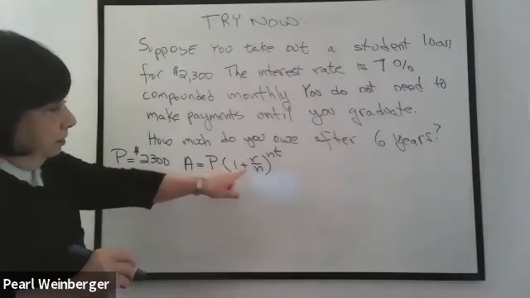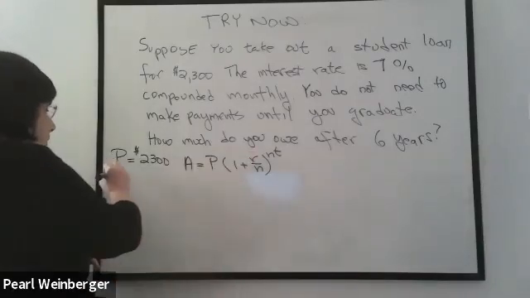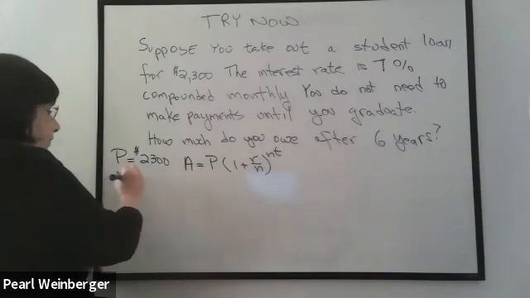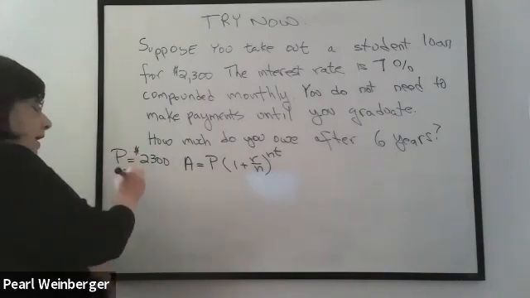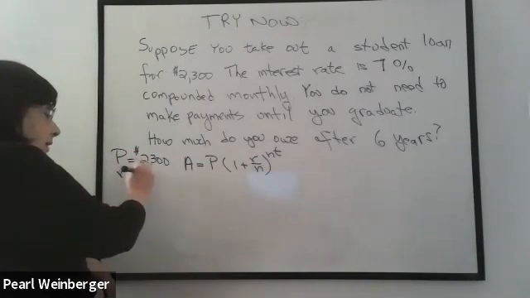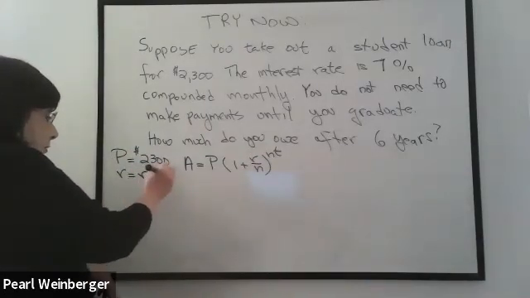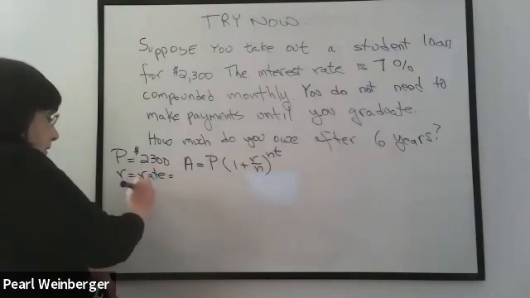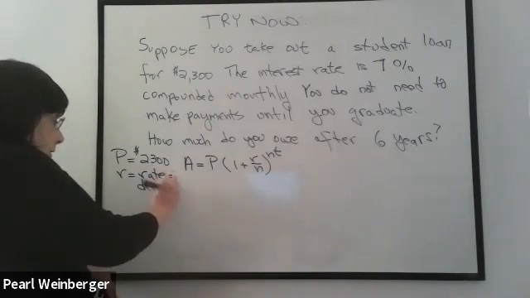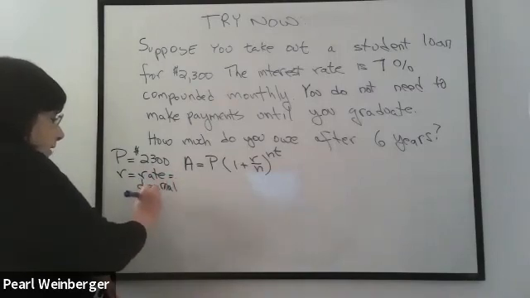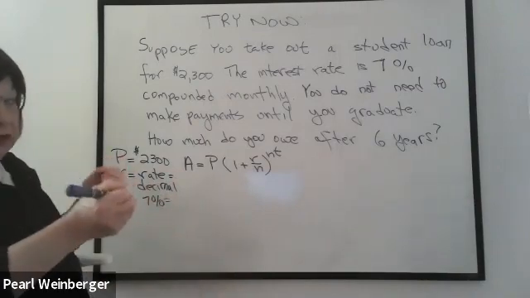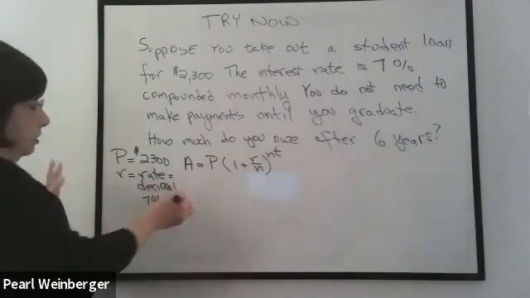The next letter we see is R. R is the rate of interest, but it has to be written as a decimal. So if we take the rate of interest, which is 7%, and convert it to a decimal, remember it means move your decimal place 2 places to the left.